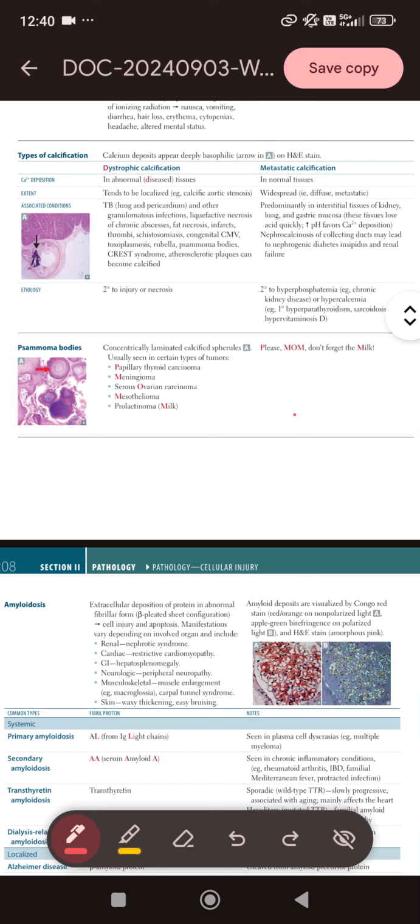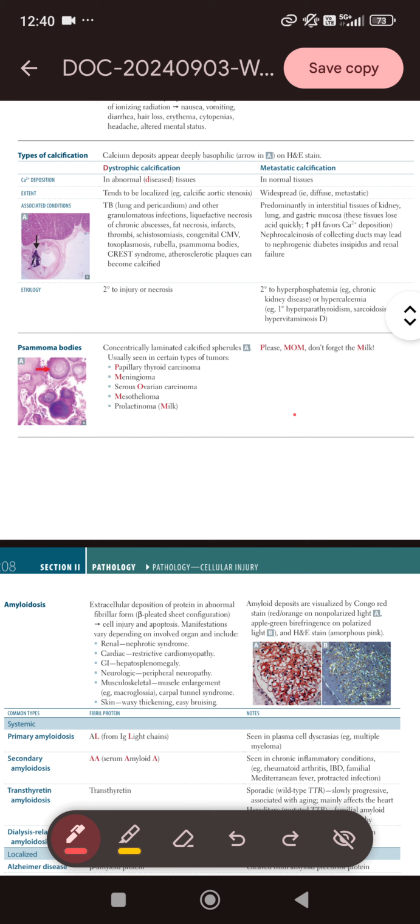Guys, let's start with another common important topic of NEET PG in pathology. It's types of calcification, and I should start with this classification. Calcium deposits appear deeply basophilic.